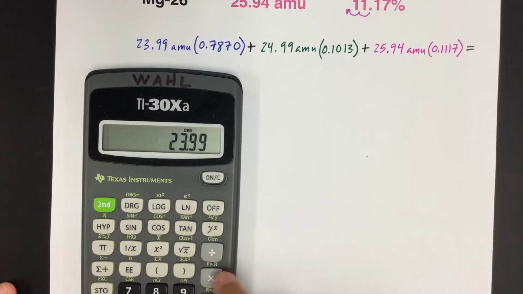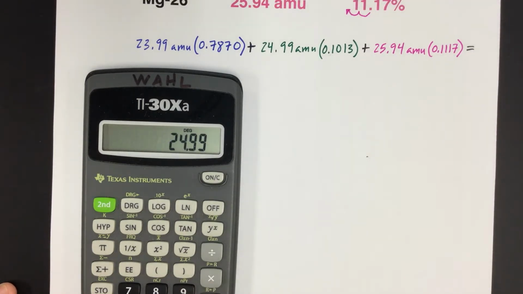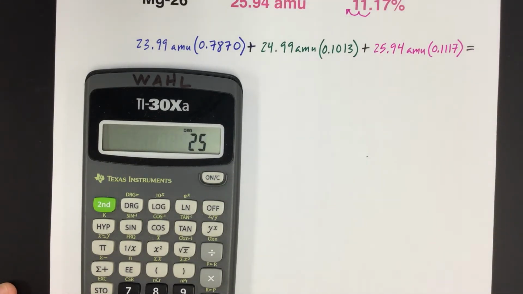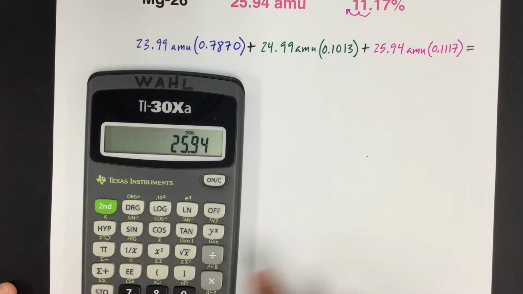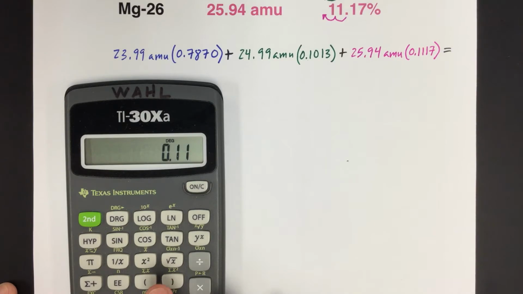I'm going to hit times 0.7870, and then plus, your calculator will know what to do, 24.99 times 0.1013 plus 25.94 times this abundance, 0.1117.